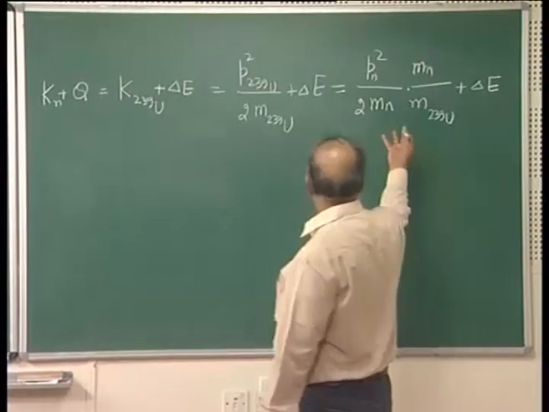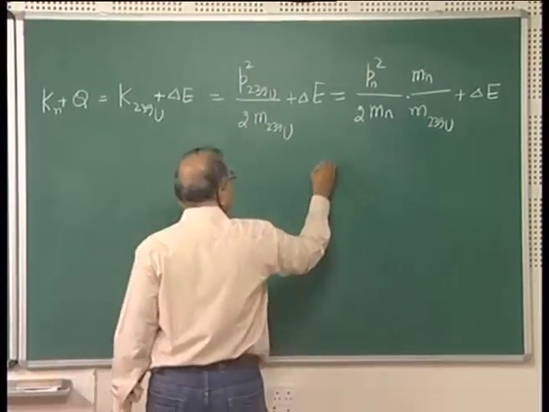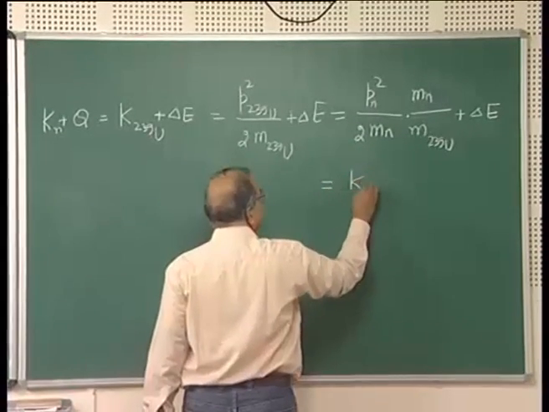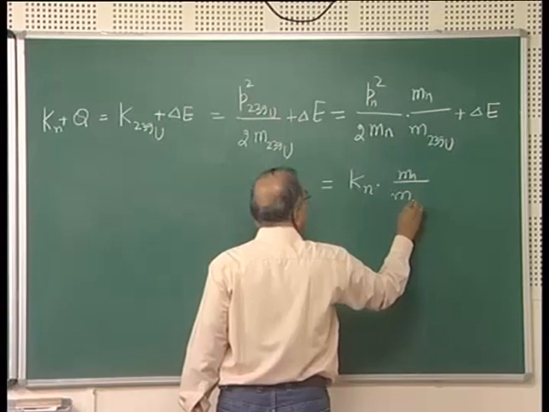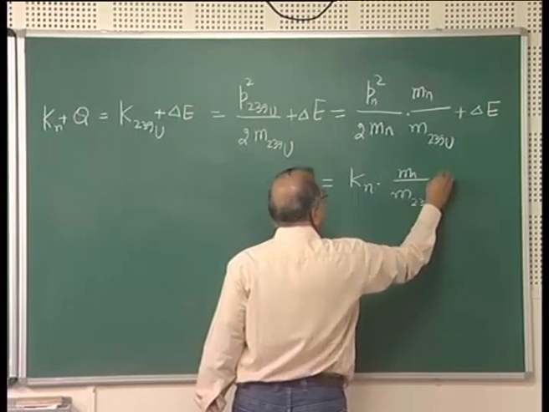So, take this, and this is the kinetic energy of the neutron, times m n divided by the mass of uranium 239, plus delta E.